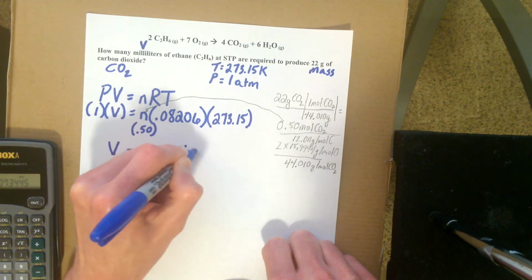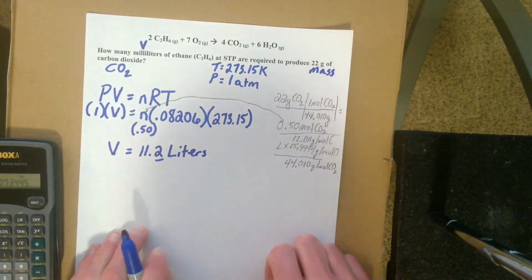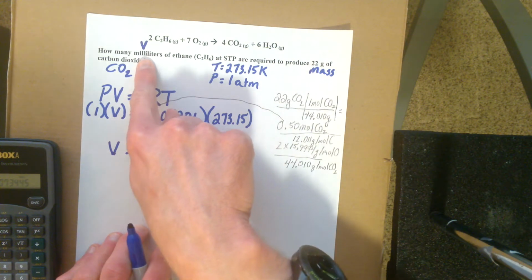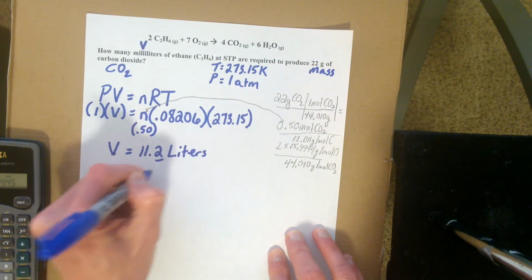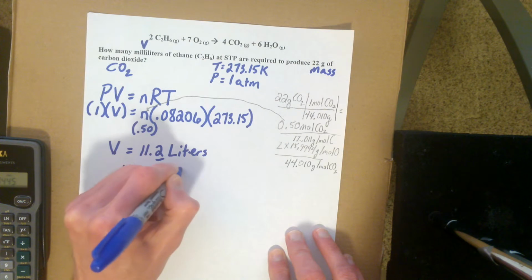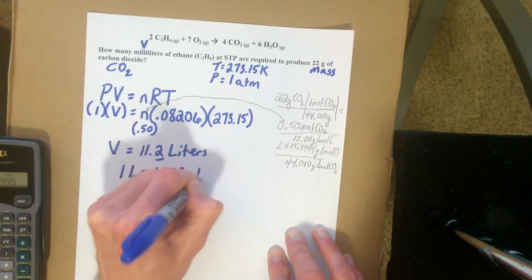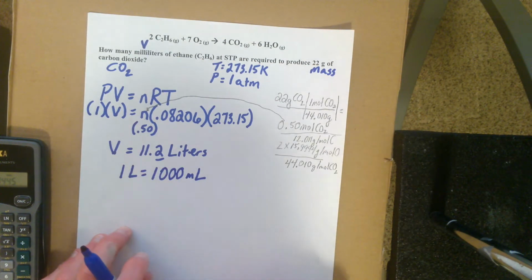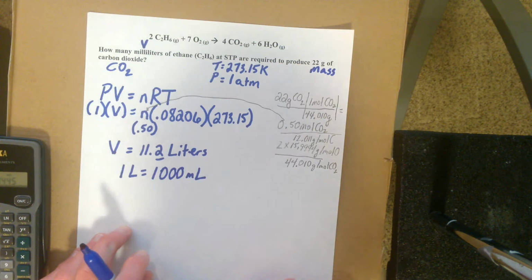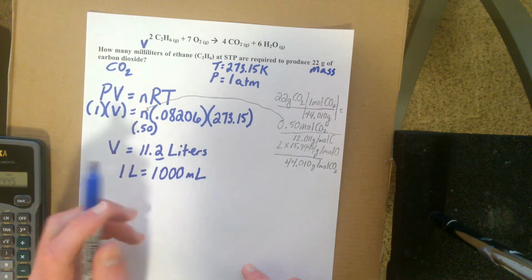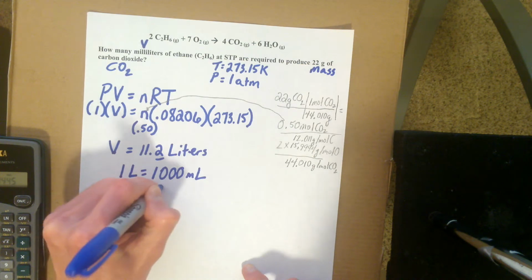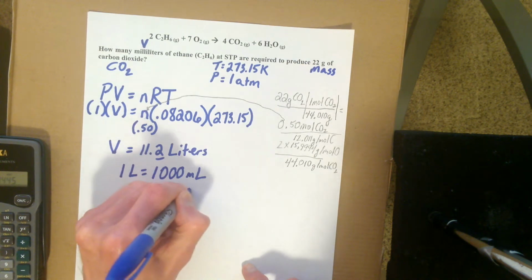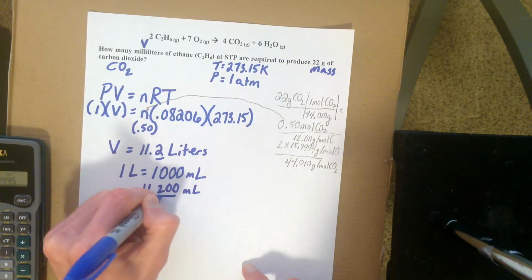This is liters. Volume is in liters, but now notice the question was milliliters. So let's just remember our metric conversions. 1 liter is 1,000 milliliters. So if I have this 11.2 liters, then I would have roughly 11,200 milliliters.